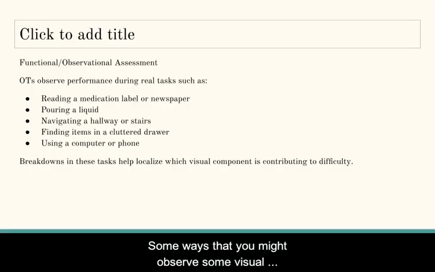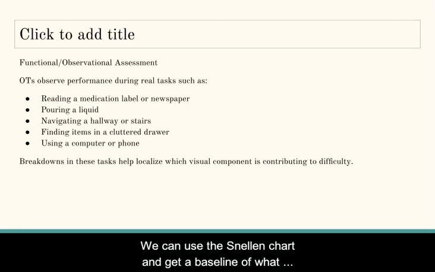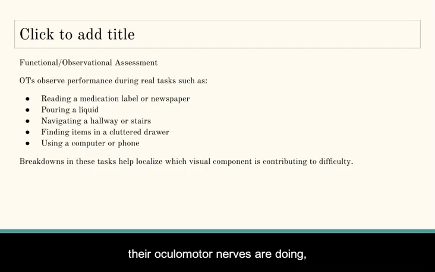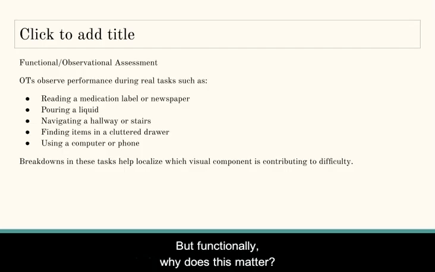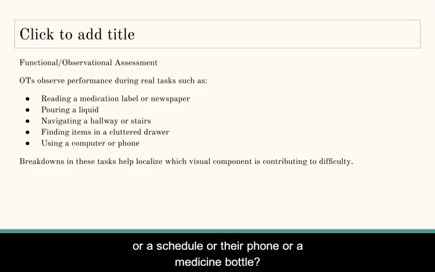So some ways that you might observe some visual impairments are during those functional tasks, right? That's what we're really looking at. We can do confrontation testing. We can use the Snellen chart and get a baseline of what their ocular motor nerves are doing, functioning, or what their acuity is. But functionally, why does this matter? Are they able to read a newspaper or your name tag or a schedule or their phone or a medicine bottle?